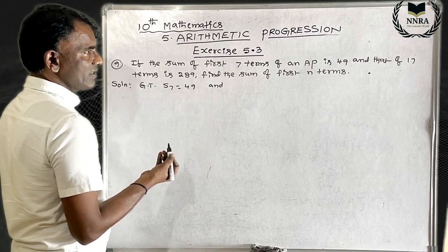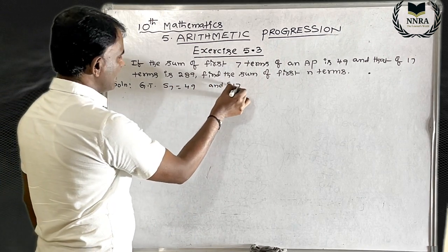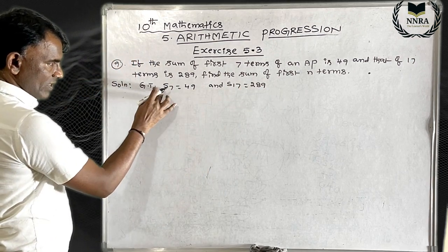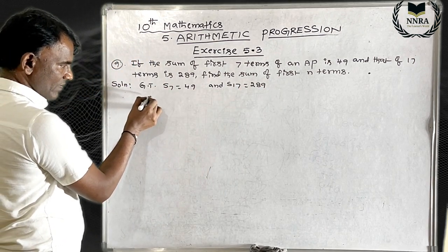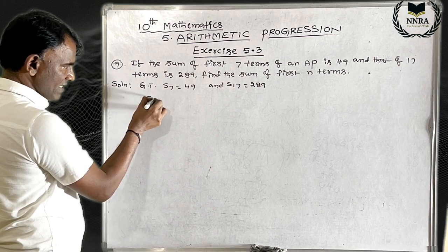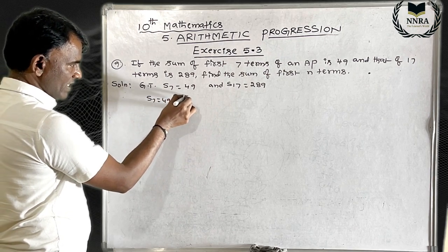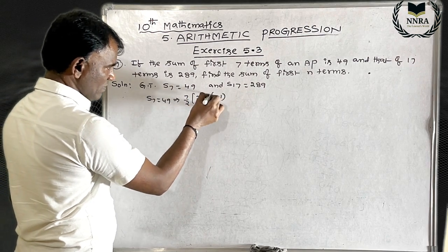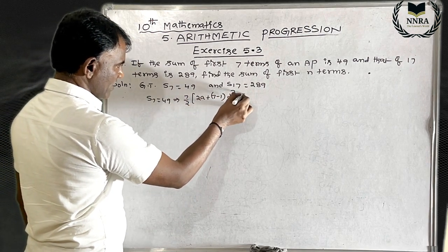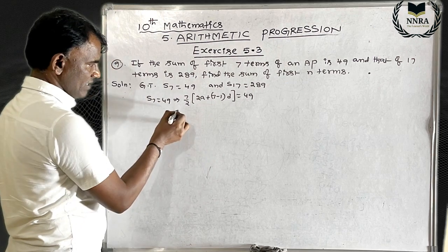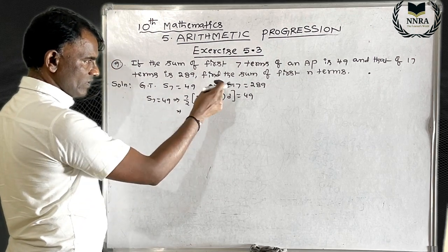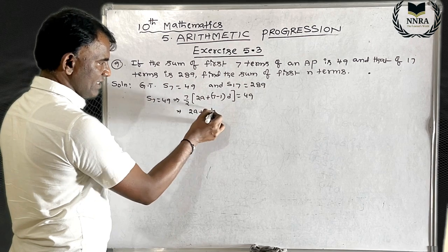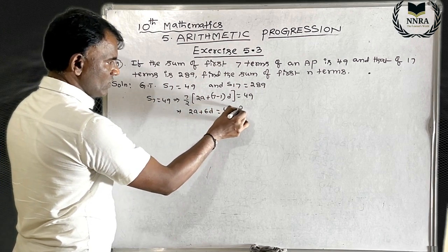And the second one, S17, it is 289. So S7 can be written as 7 by 2, then 2a plus 7 minus 1 into d equal to 49. Now write 7 by 2 on that side. Here we get 2a plus 6d and 49 into 2 by 7.